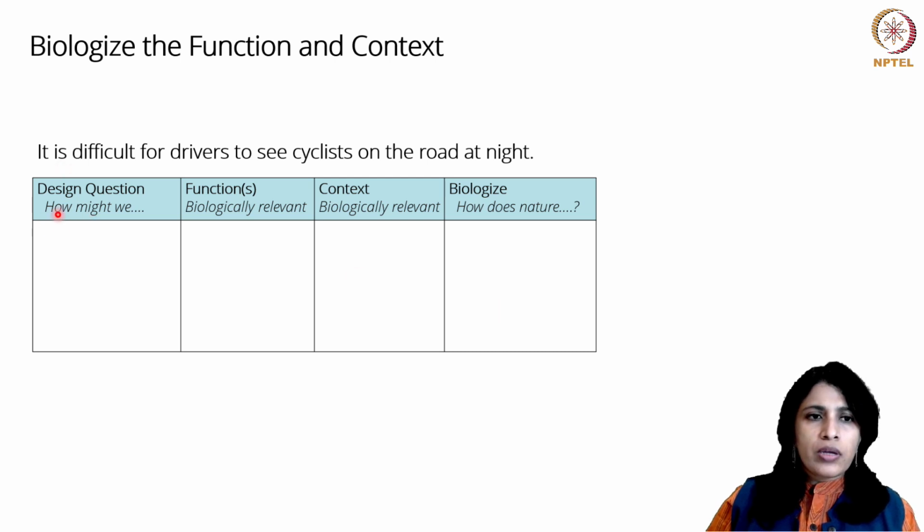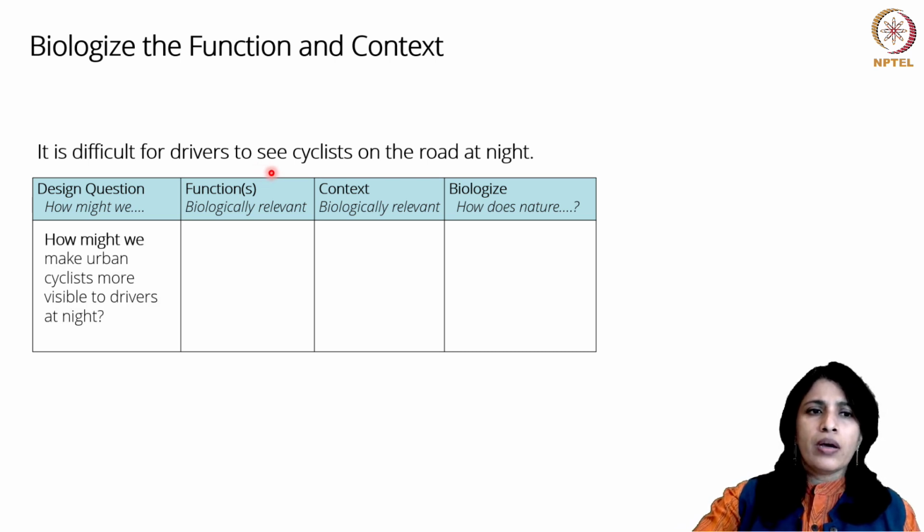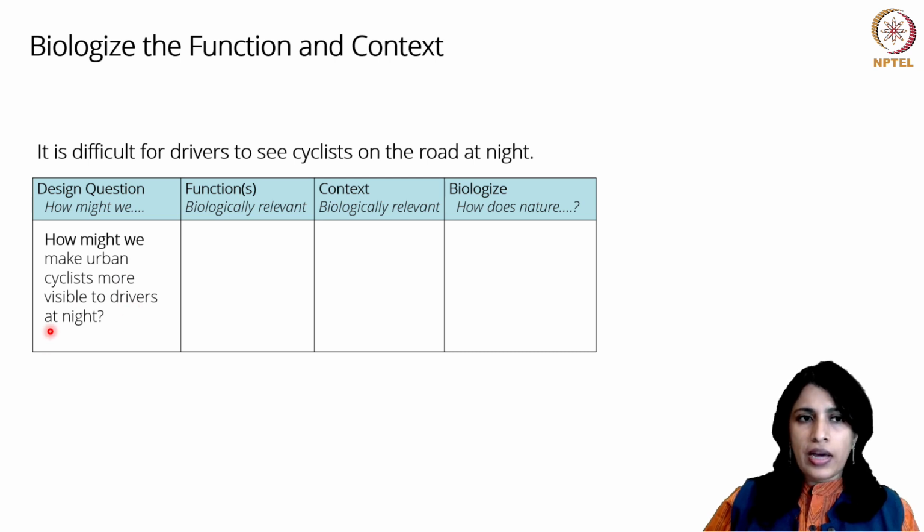You start with a very short problem statement, or opportunity to solve a challenge. For the purpose of an example, we've kept it short. It is difficult for drivers to see cyclists on the road at night. That is the framing of the problem situation. Based on that, the design question that we come up with could be, how might we make urban cyclists more visible to drivers at night?